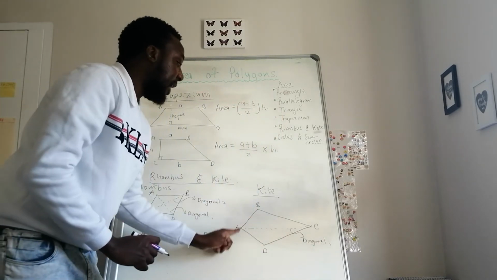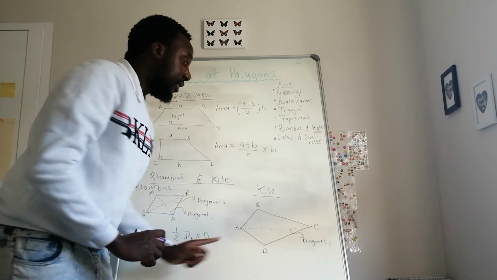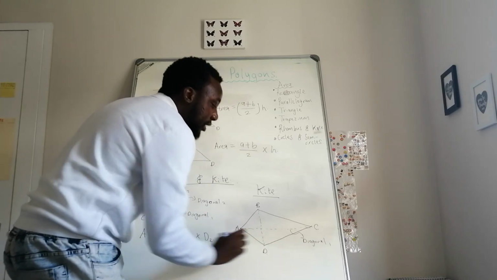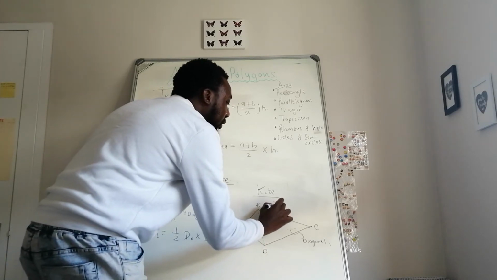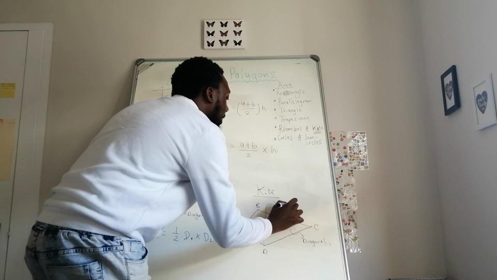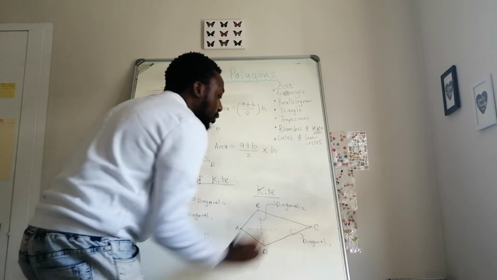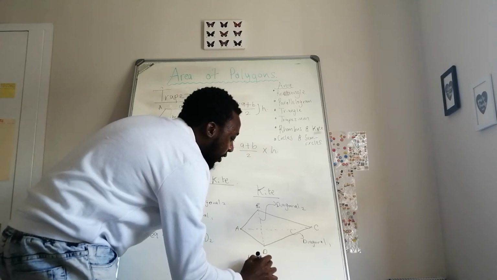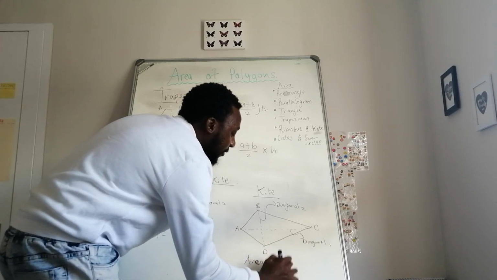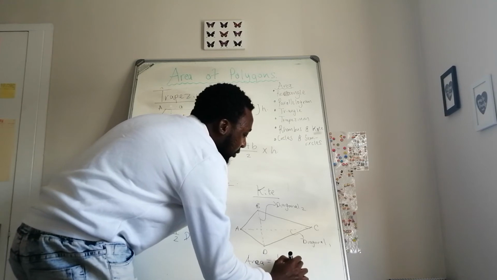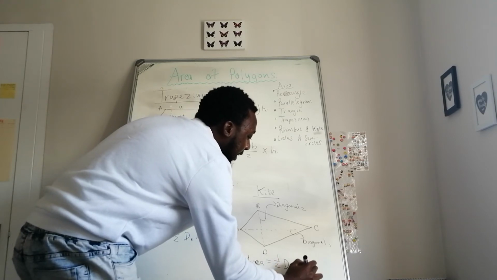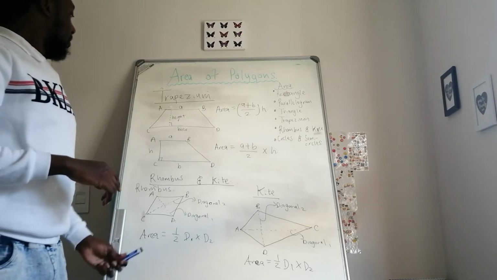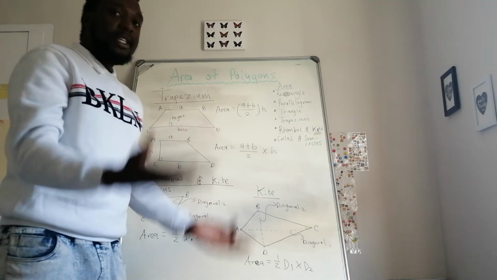So this distance from A to C, right? And the distance from B to D, I'll call that diagonal 2. And so my area of a kite will be half of diagonal 1 multiplied by diagonal 2.